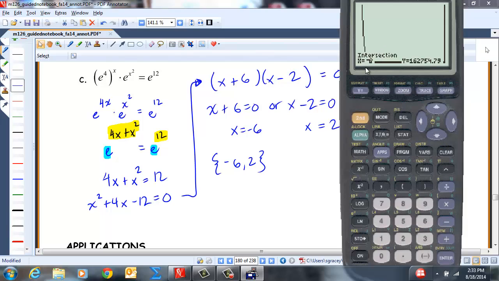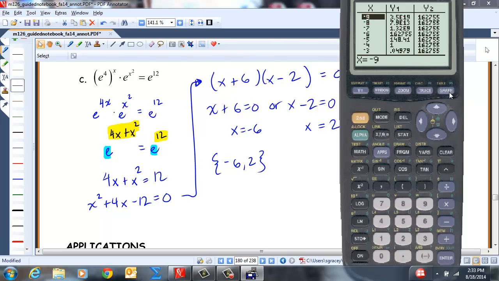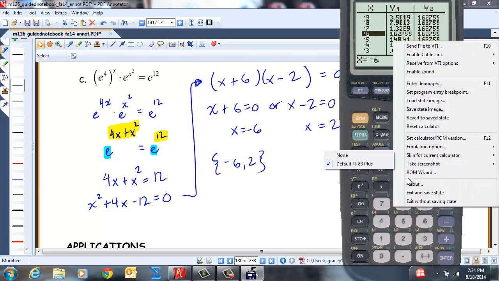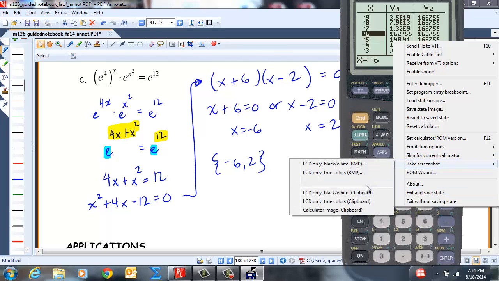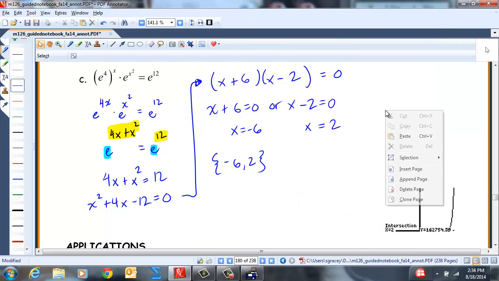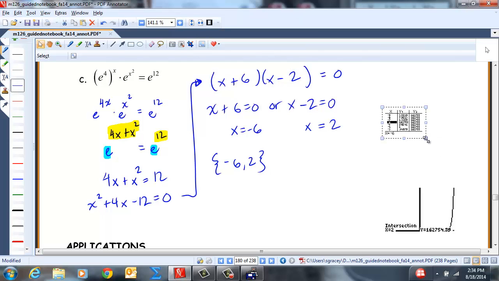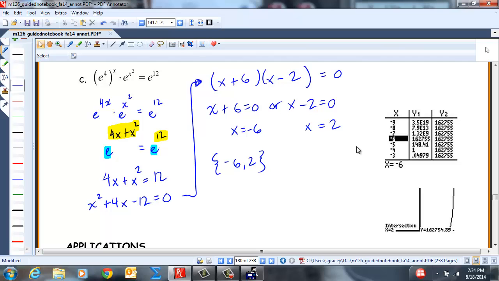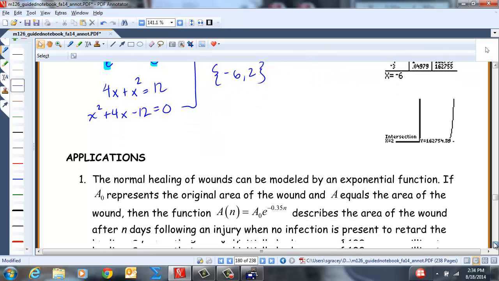It's hard to read that there. You know, let's go to table because I'm not even seeing. There we go. Do you see here? This one was a hard one to get on the screen. Maybe I'm just being dorky. All right. So there you have it. We have verified the solutions.